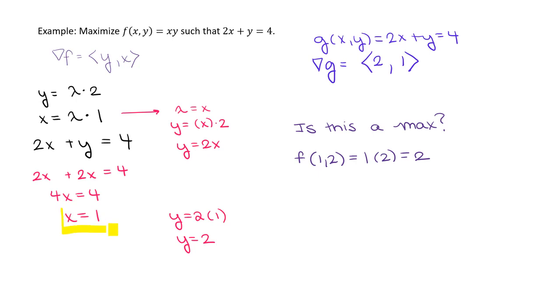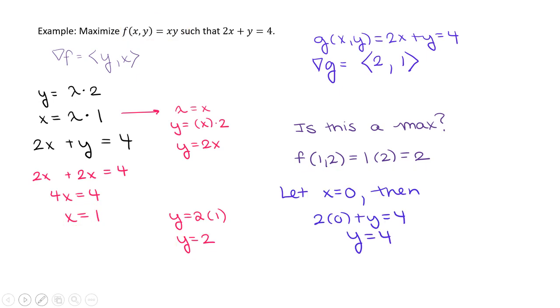Okay, so in this case, the solution I got, 1, 2, if I take those numbers and plug it into the function I'm optimizing, f of 1, 2 is 1 times 2, or 2. Okay, so that's the answer I got. And then I am just going to pick another random value that satisfies my constraint.